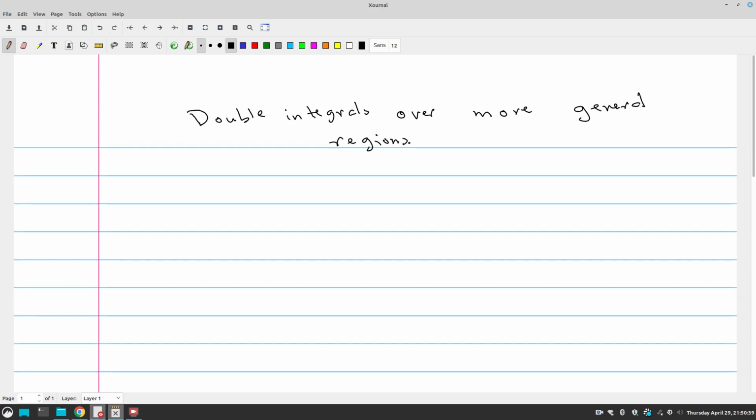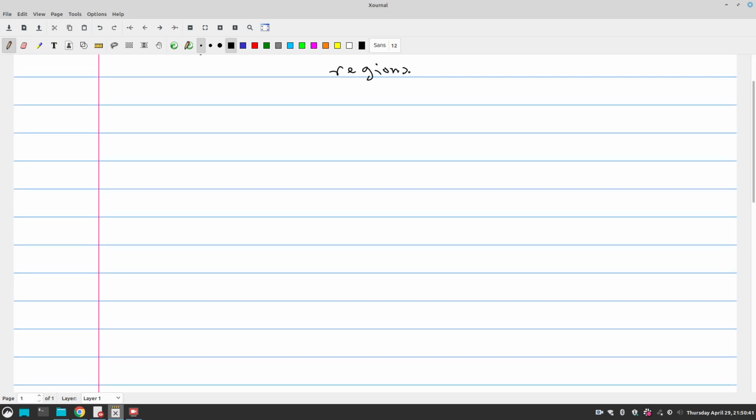Right? Okay. So you are used to seeing double integrals of this form. I mean, this is what we saw in the previous chapter. Right?